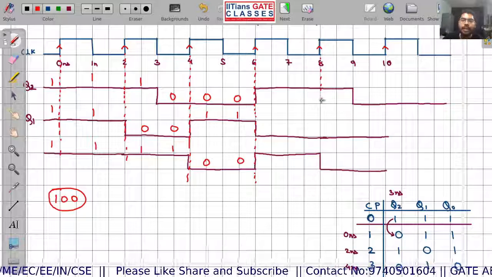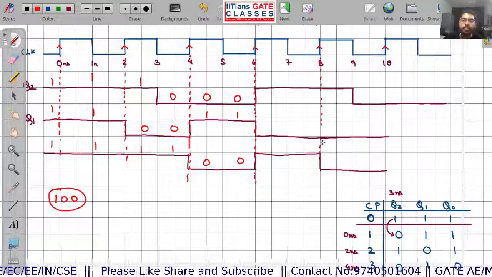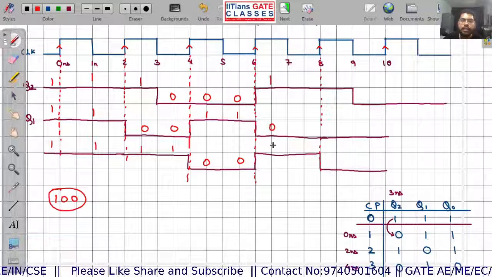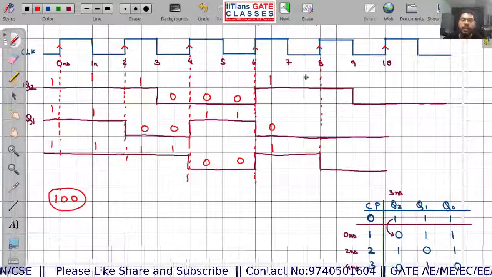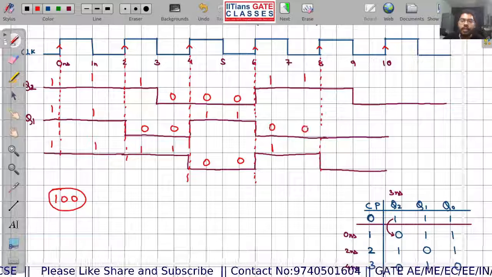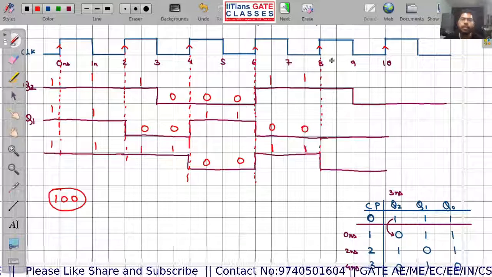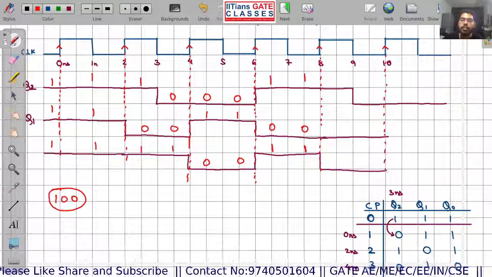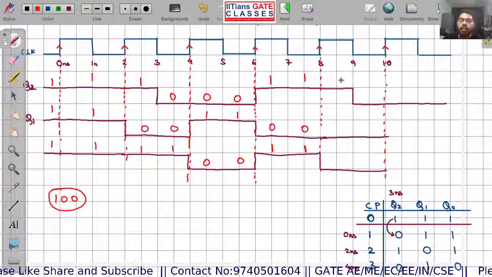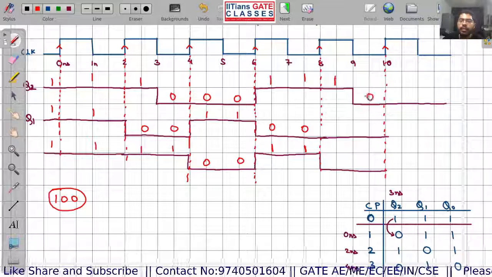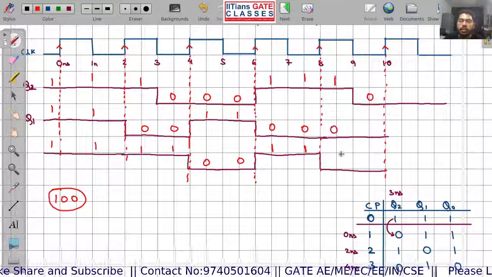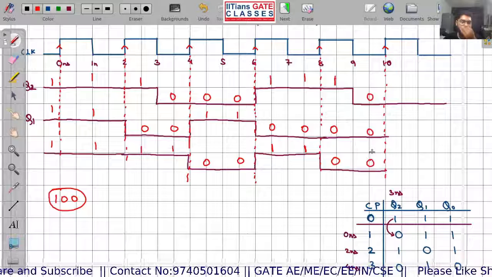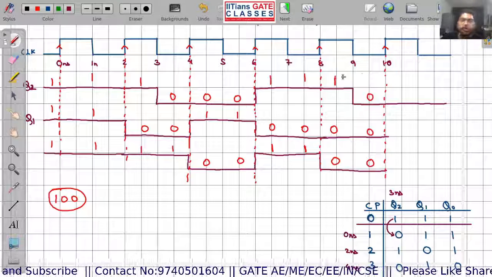In between 6 nanosecond to 8 nanosecond, this value is 1, this value is 0, and this value is also 1, and this value is 1, this value is 0, this value is 1. In between 8 and 10 nanosecond, this value is 1, this value is 0, this value is 0, this value is 0, this value is 0, this value is 0.